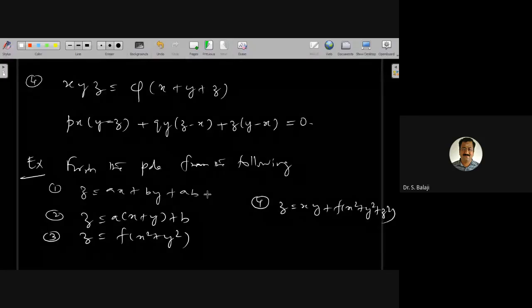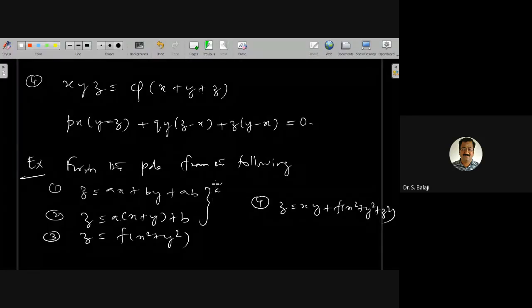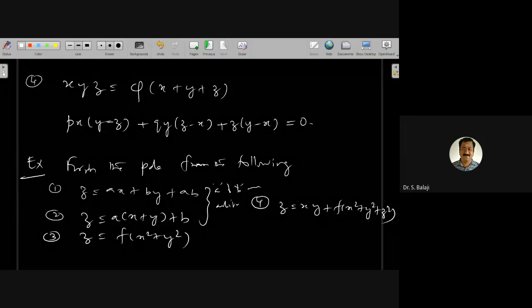Here a and b are arbitrary constants. Therefore, in these we form the equations by eliminating arbitrary constants, and here by eliminating the arbitrary function.